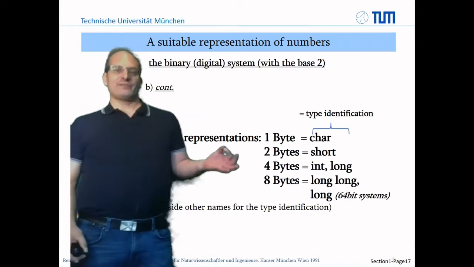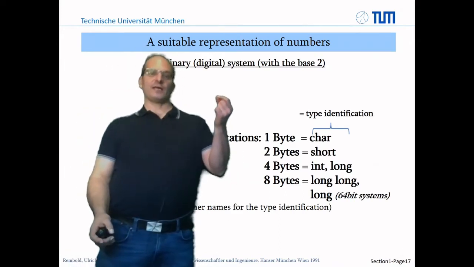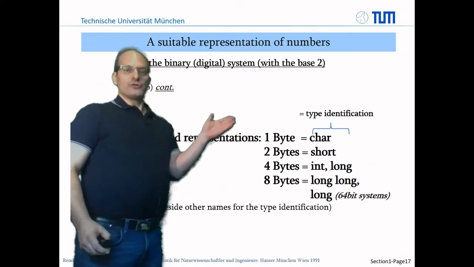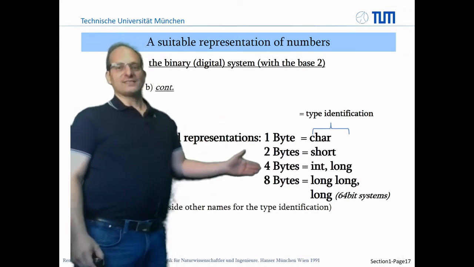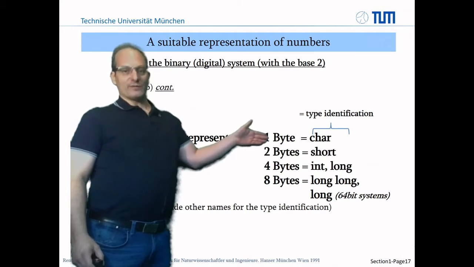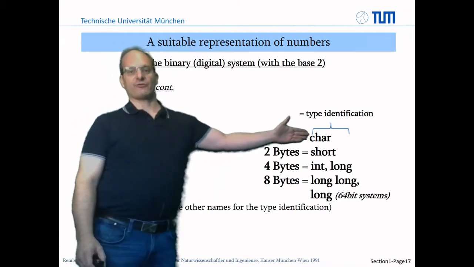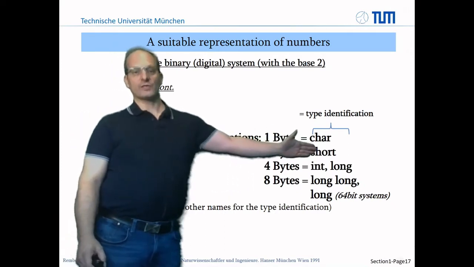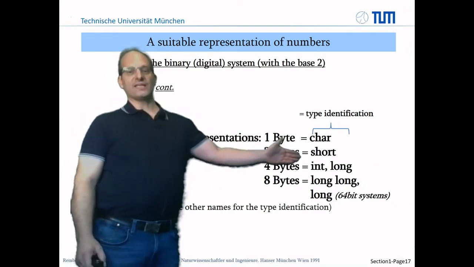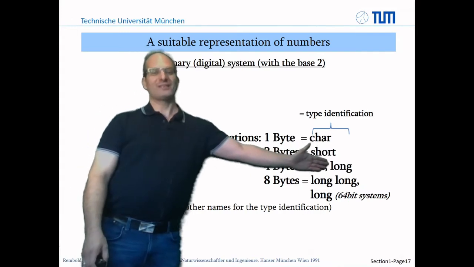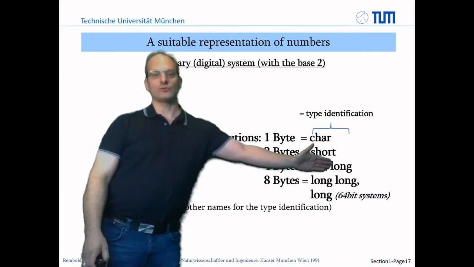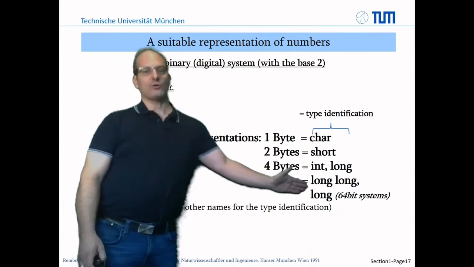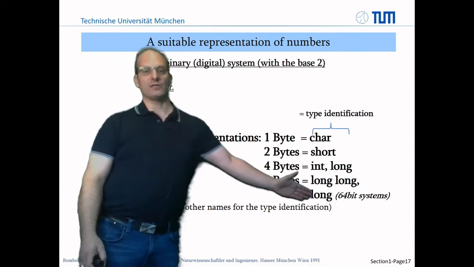And therefore you have these integer representations also available in data types. All usual programming languages offer these data types. A data type for 1 byte, which is character or char, 2 bytes, which is short, 4 bytes, which is integer, and 8 bytes, which is long, or in 32-bit systems also long long.